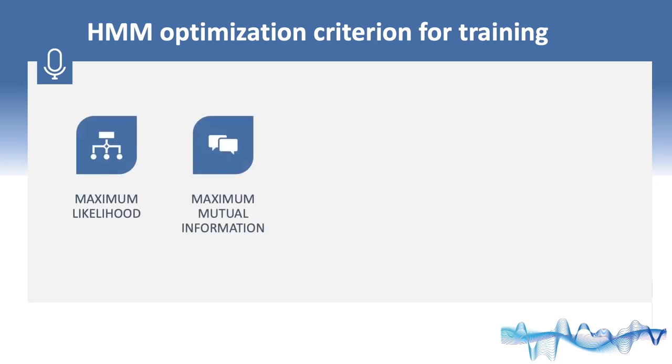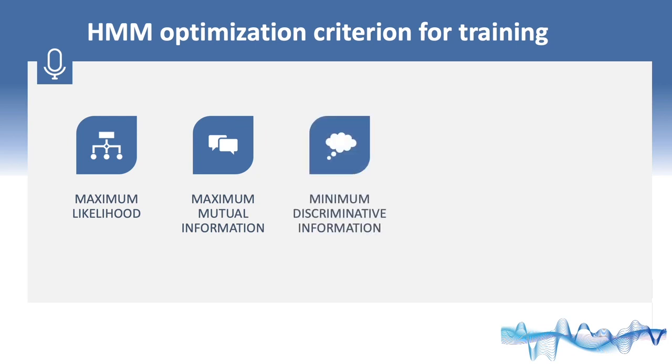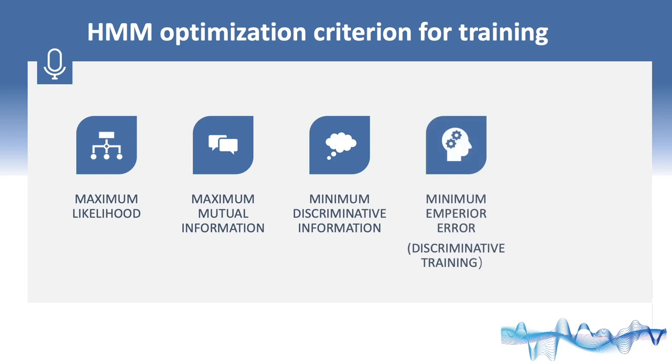There are different kinds of optimization criterions for training HMM, such as maximum likelihood, maximum mutual information, minimum discriminative information, minimum empirical error, also called discriminative training, and maximum a posteriori.